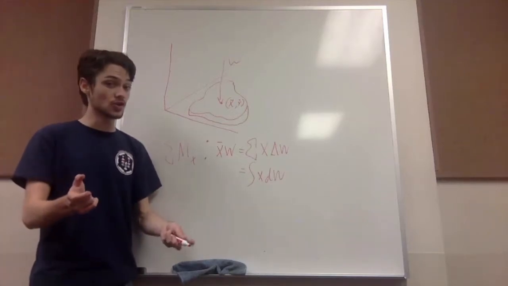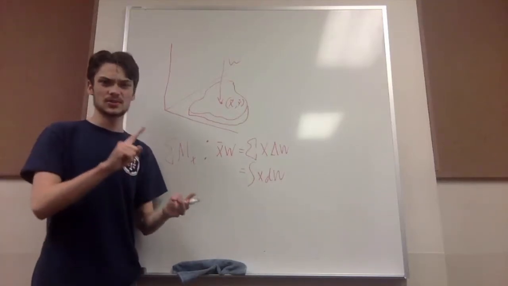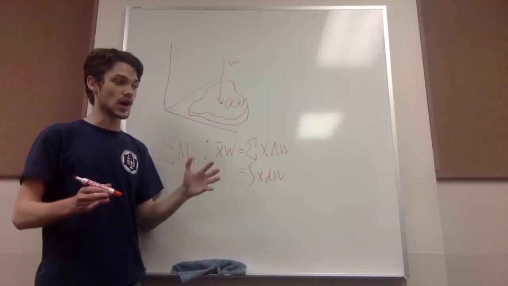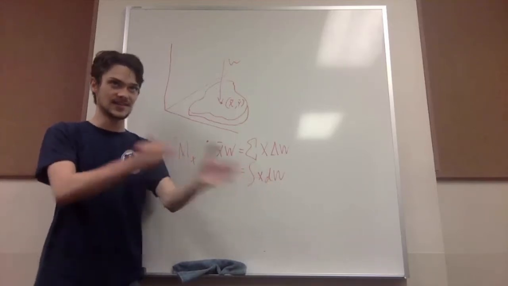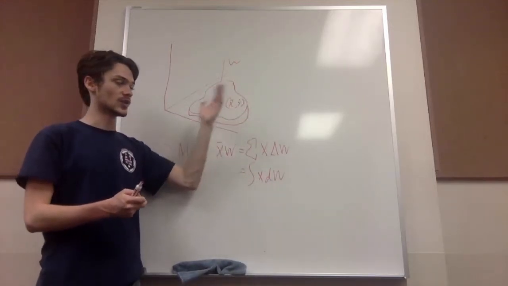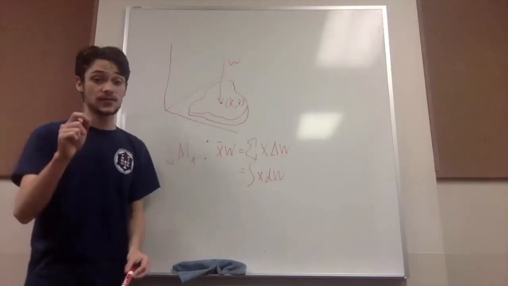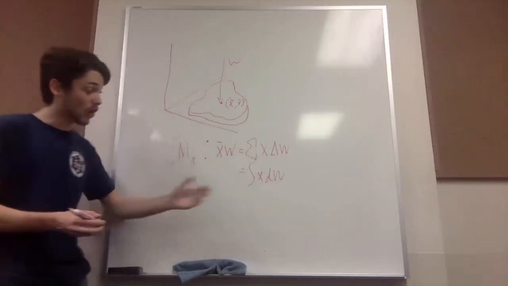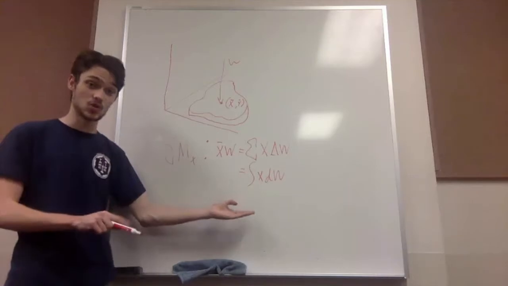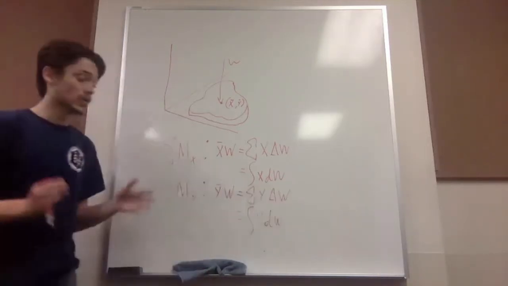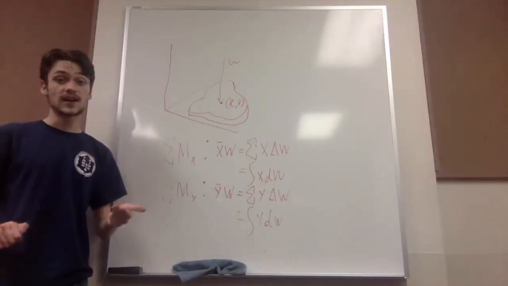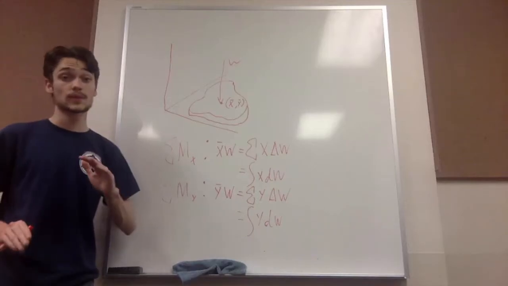The delta W's are just W1, W2, and W3, which were our separate weight forces at different points that I erased before I drew this. The sum of the first moments with respect to x is also going to be equal to the integral of x dW. We use much the same logic to find the sum of the first moments with respect to y.